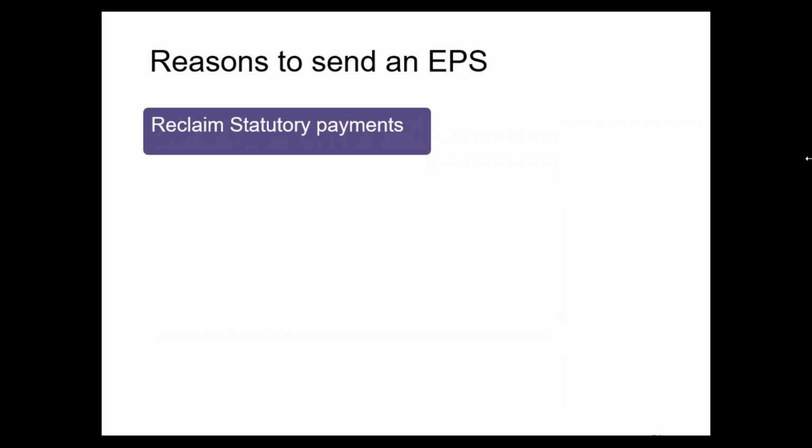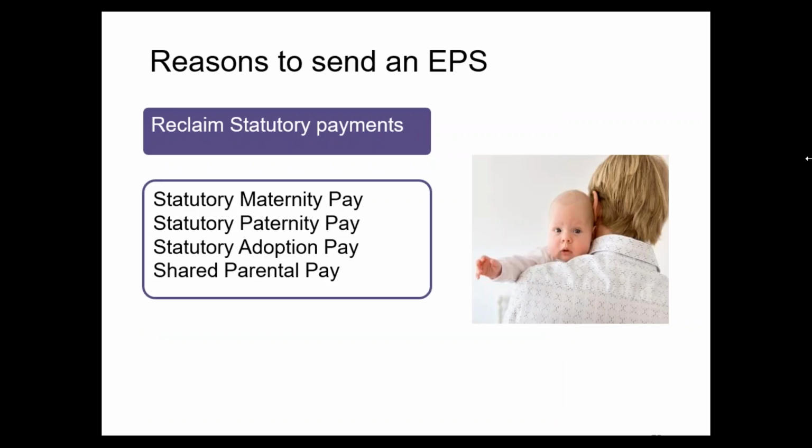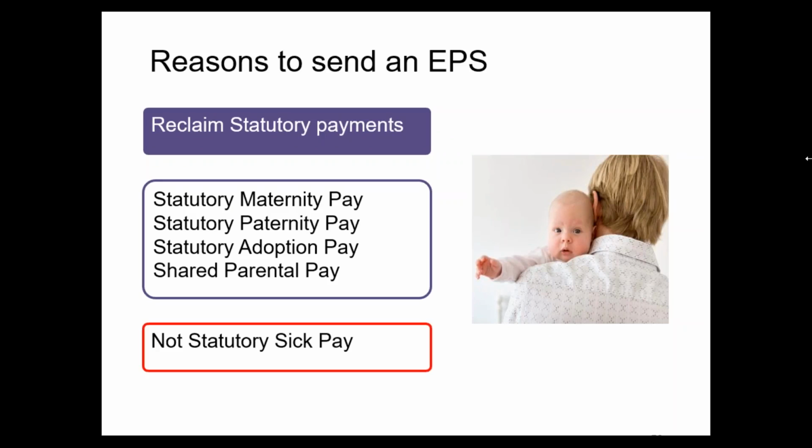I mentioned that one of the reasons to send an EPS is to claim back statutory payments. You can reclaim most statutory payments that you make to your employees. And these are the statutory maternity pay, statutory paternity pay, statutory adoption pay, and the shared parental pay.